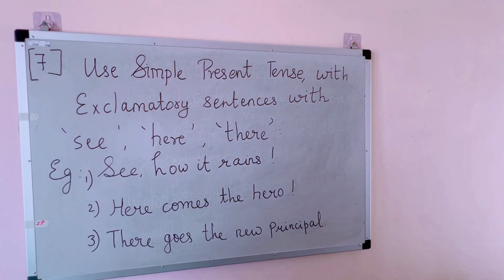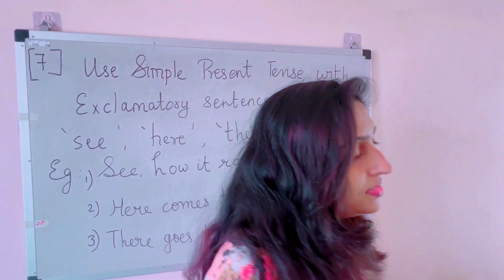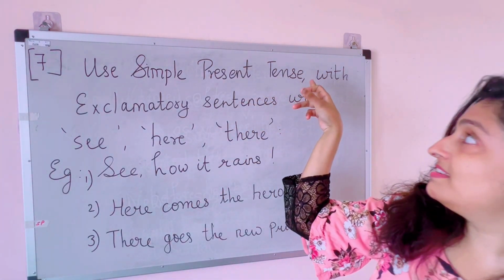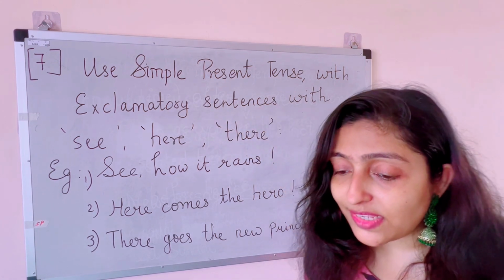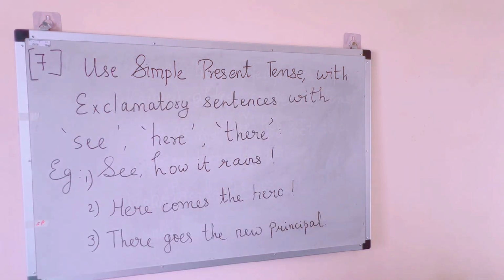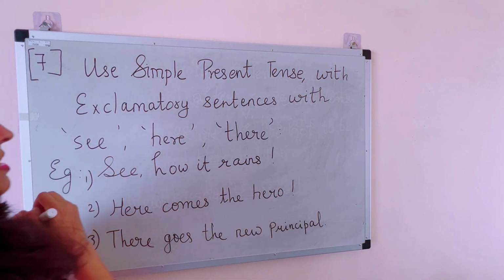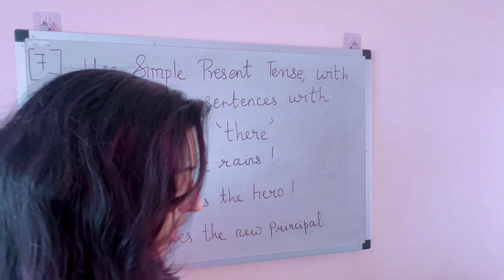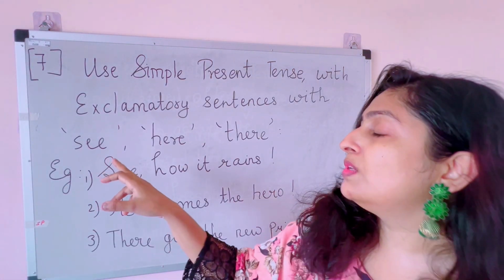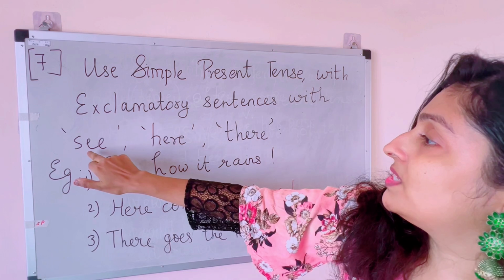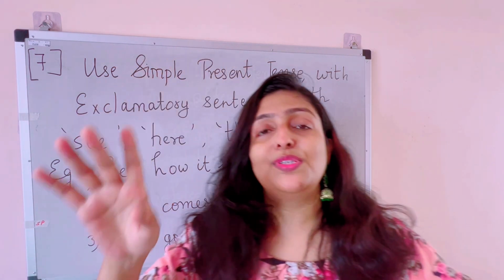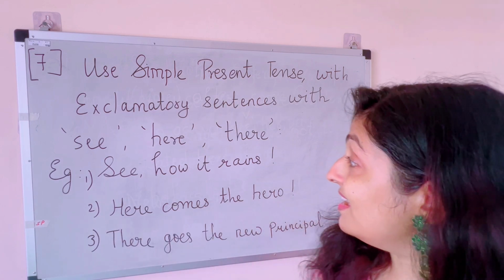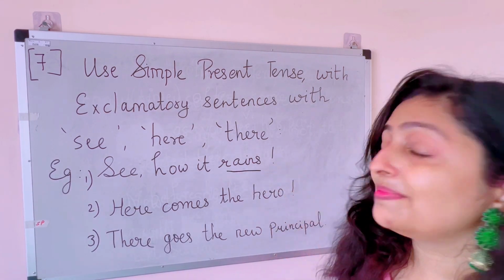Rule number 7, we use simple present tense with exclamatory sentences with these kinds of words: see, here and there. Usually we use simple present tense with see, here and there. It has started raining and you say, see how it rains.